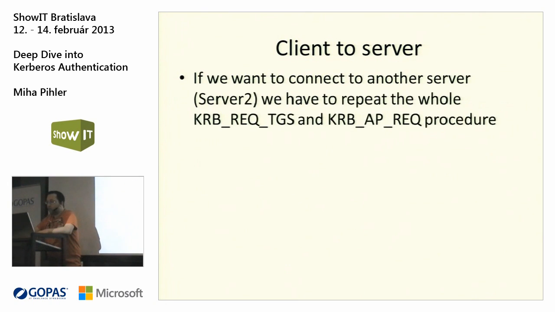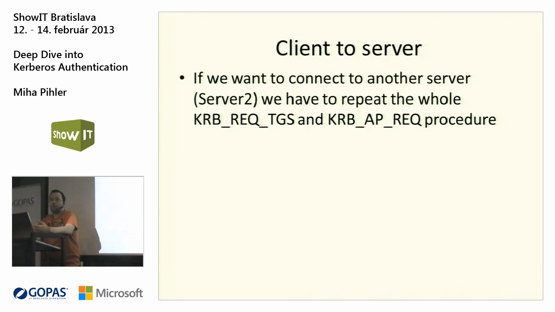And unfortunately, if you're trying to track this down, if you want to connect to server 2, let's say, or server 3, you have to go through all this process again, time and time again, every time.